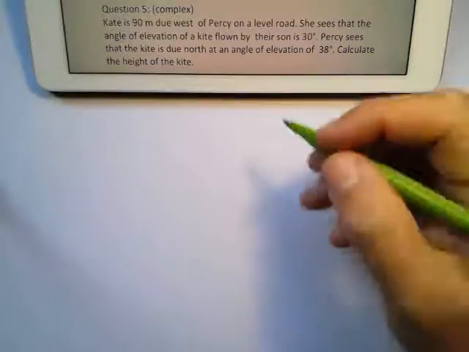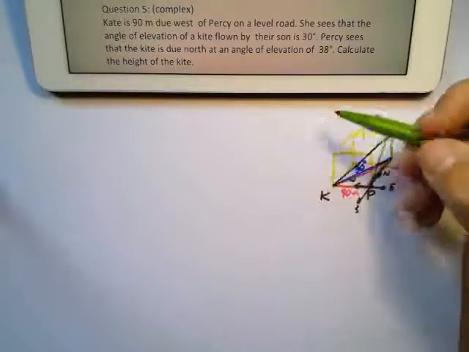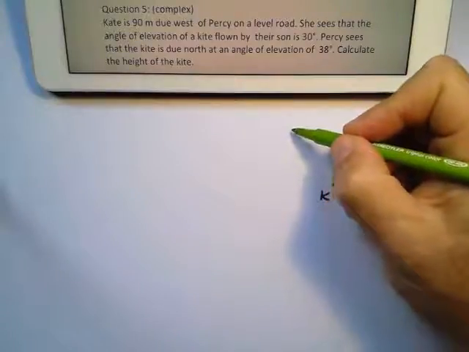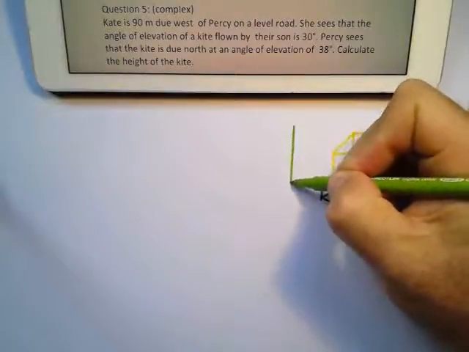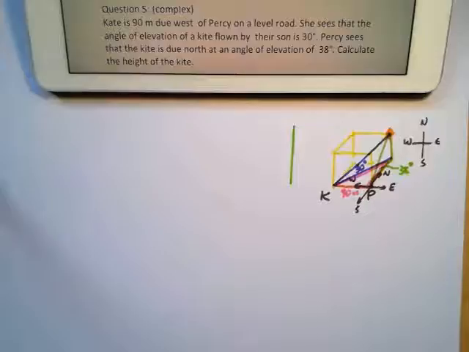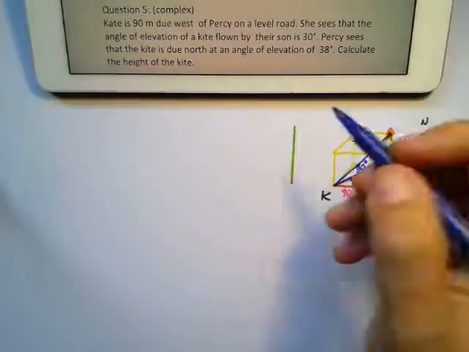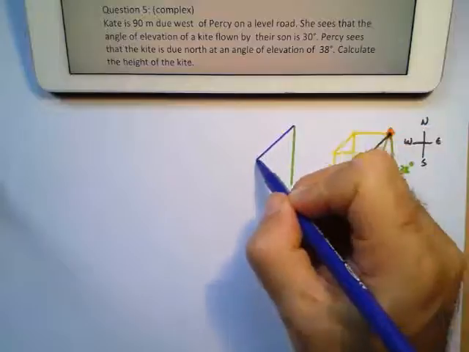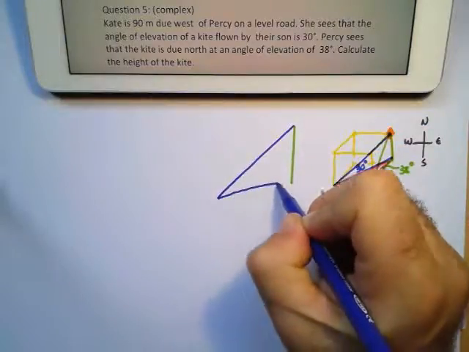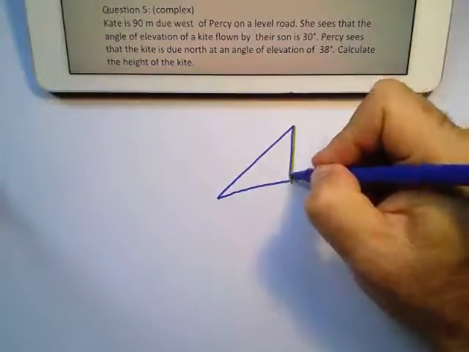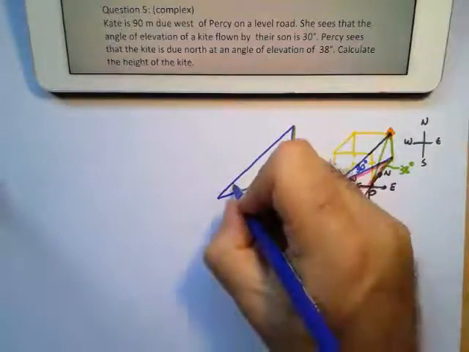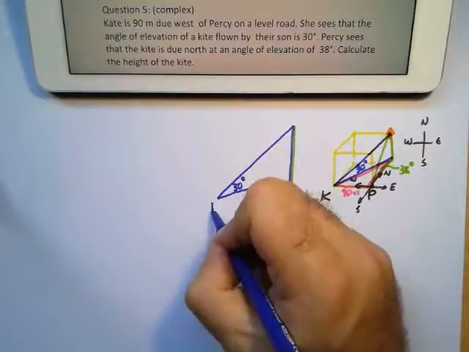I'm going to have the height that I have to calculate. So just over there, there's my height. Then we're going to have Kate's triangle. That angle of elevation is 30 degrees. I'm going to say that is Kate.